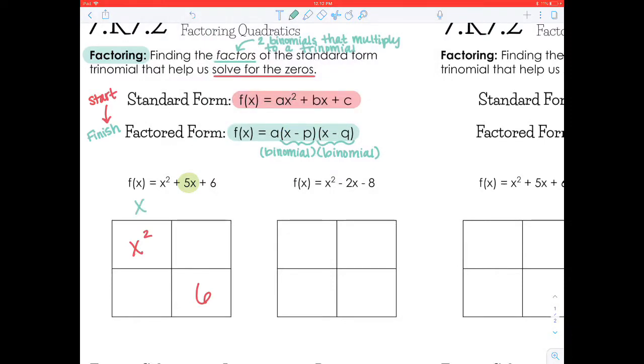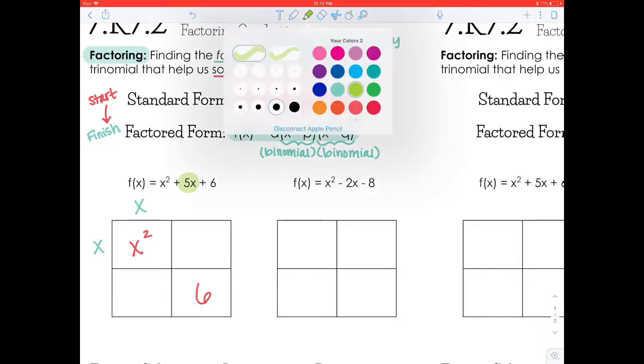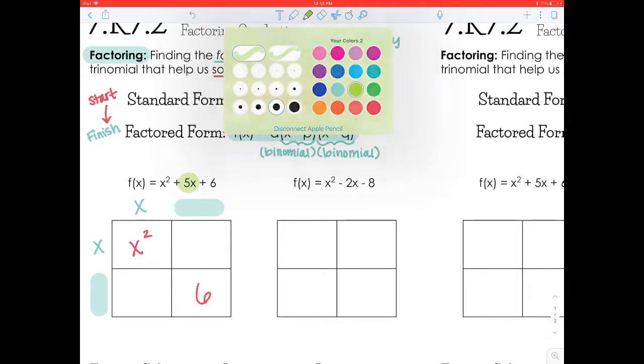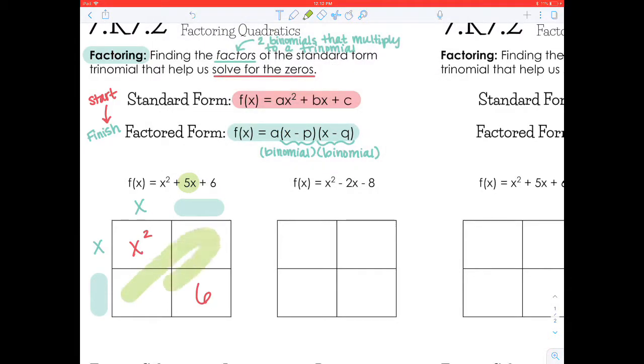So I know that x times x here is the only way to get x squared. What I need to figure out is what's going to go here. What times what gives me 6 for that bottom right area, but then also those two numbers are going to need to add to these two boxes here.